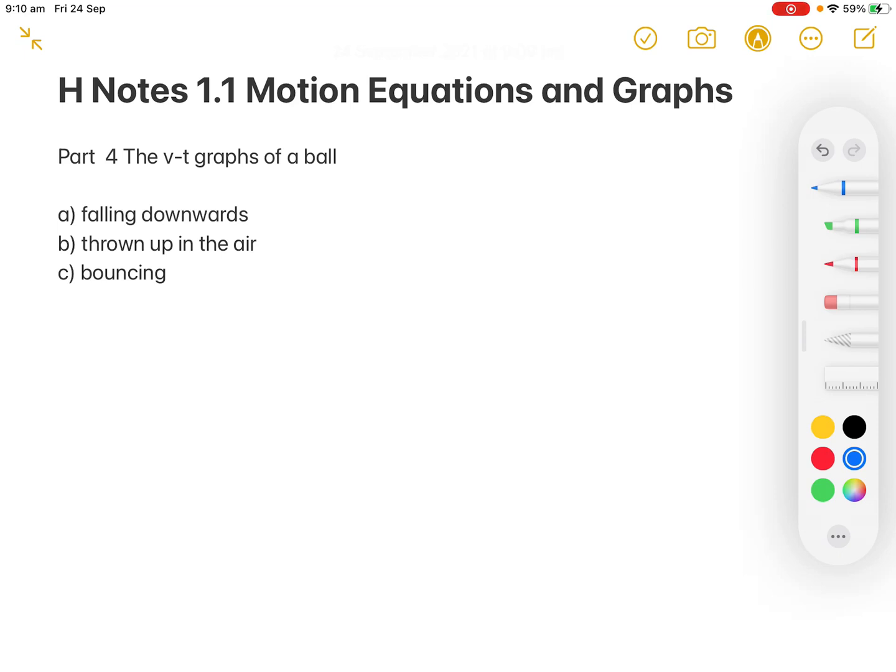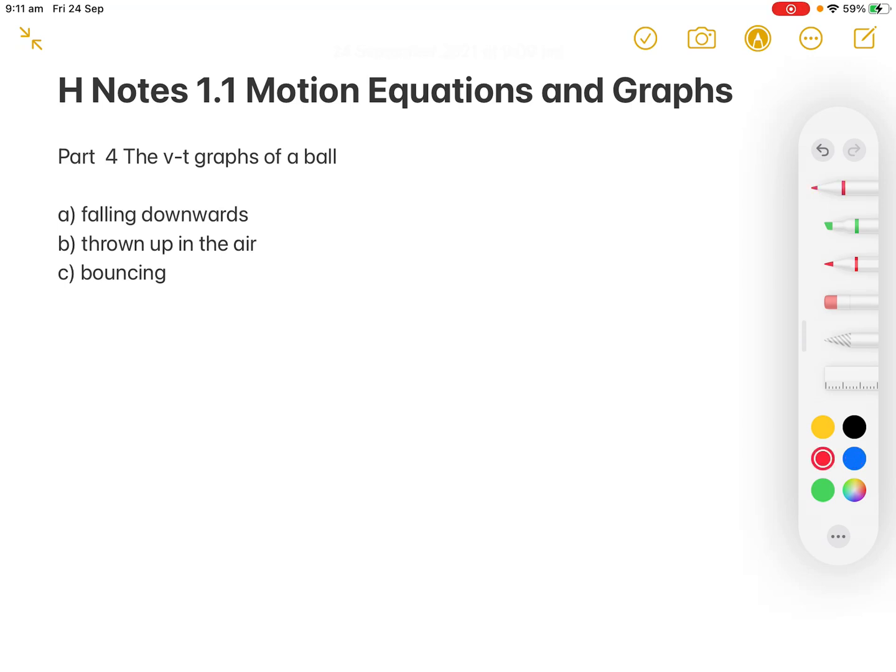And bouncing, so that it's dropped from a height, reaches the ground, bounces, comes back up, reaches maximum height, comes back down, and so on and so forth. So the velocity time graphs for these are quite interesting, so we're going to look at them carefully.